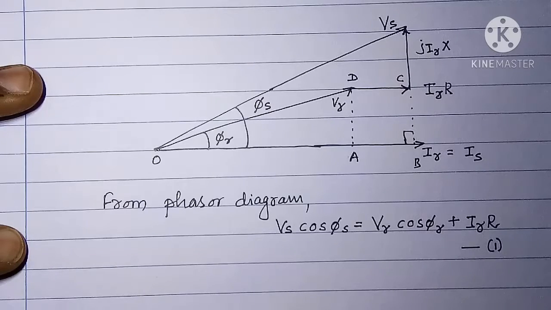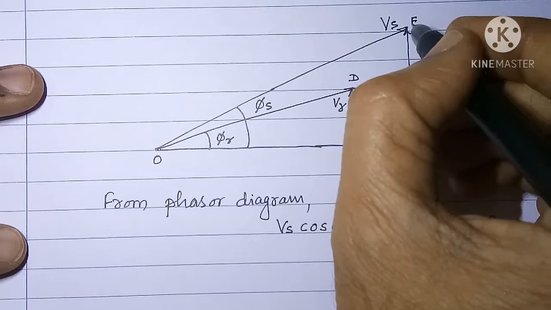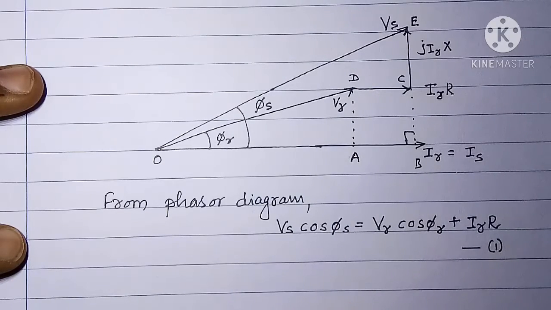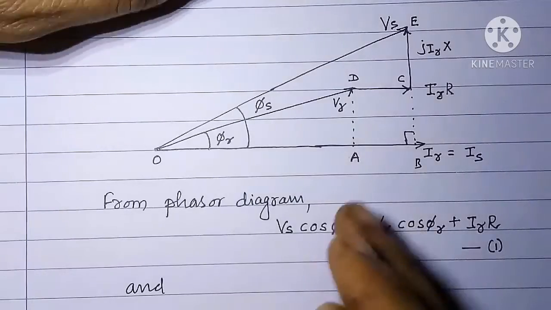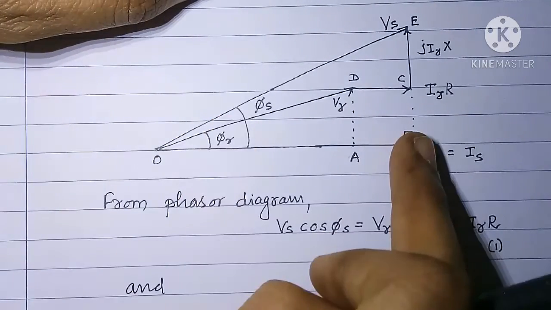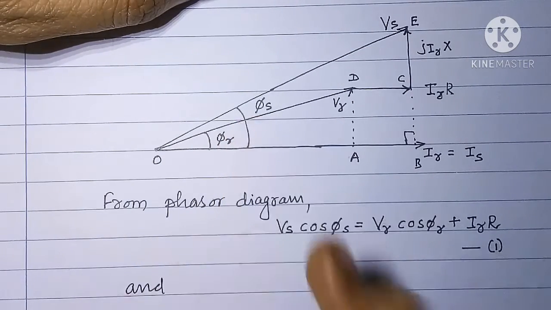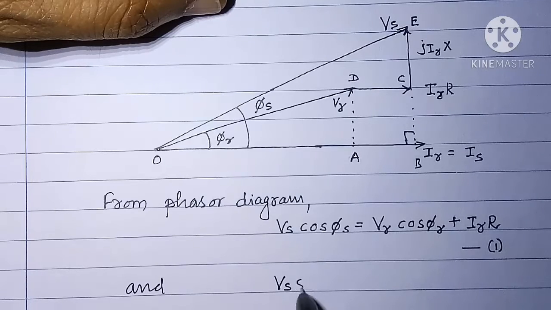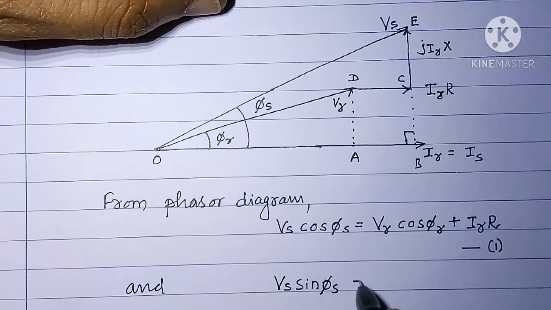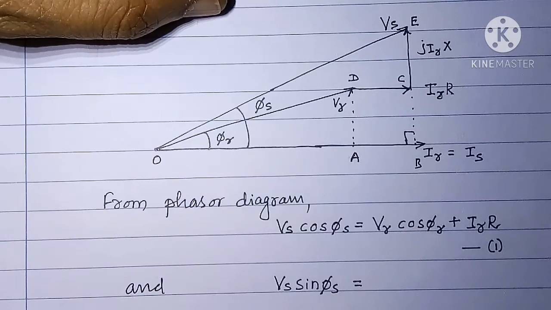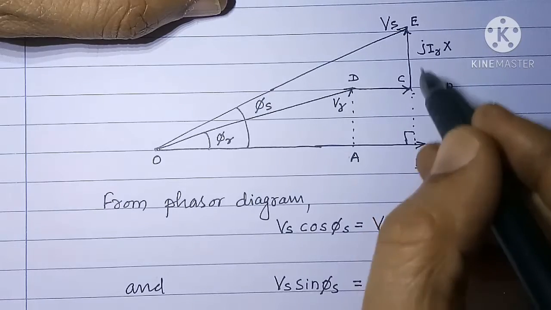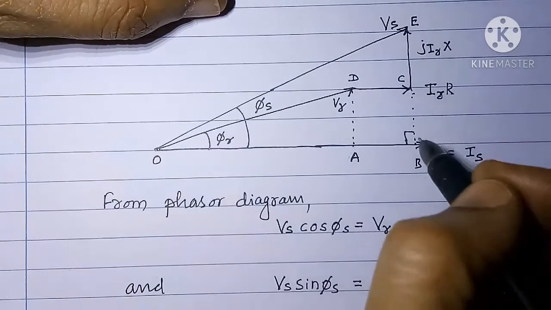And now we will write an expression for BE. What is that BE? BE is nothing but Vs into sin phi s. That is equal to BC plus CE. And what is BC?